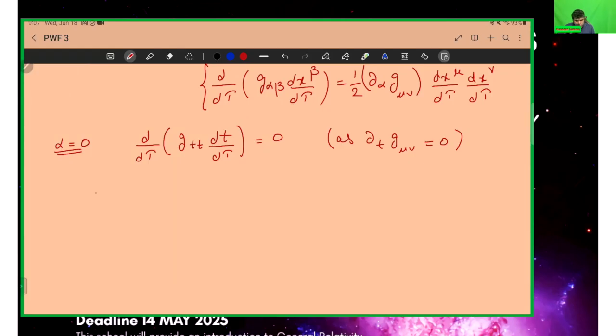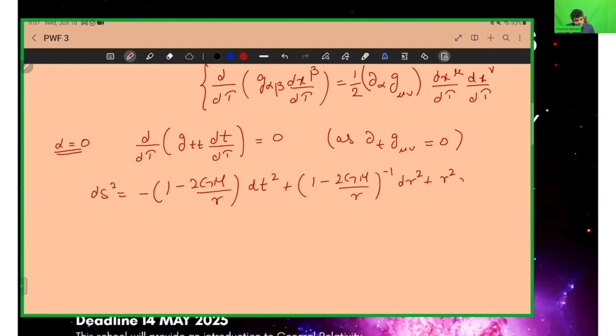Now, let me remind you what the Schwarzschild solution is. It's something like this. I used this notation last time, and I explained that this is called the solid angle squared, equal to this thing plus this thing.